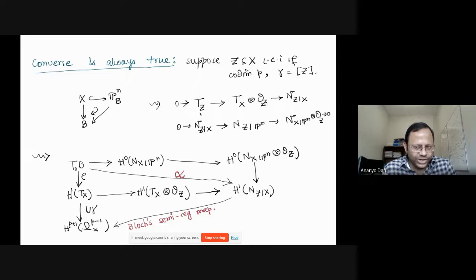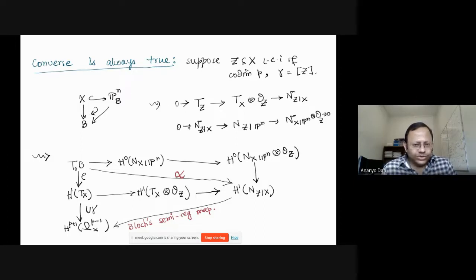So what you get from these two short exact sequences, the second short exact sequence is the normal bundle of Z in X going to the normal bundle of Z in the bigger. So this is really a projective family. So we always take smooth projective family. This means that the fibers can all be embedded simultaneously into Pn for some n.